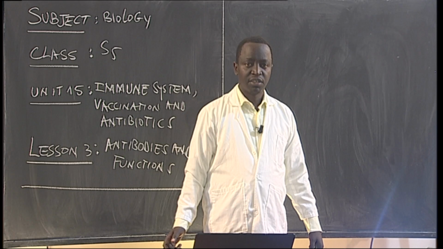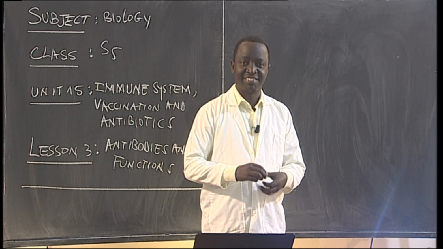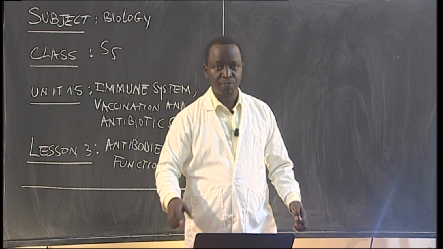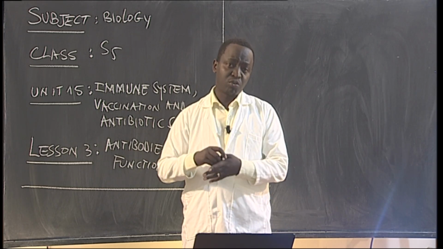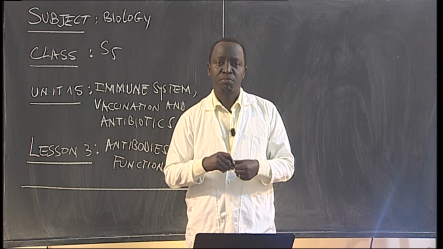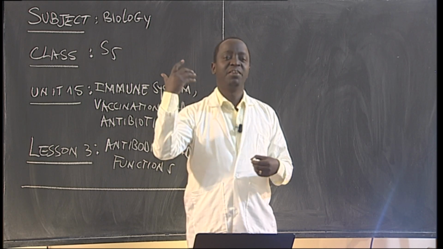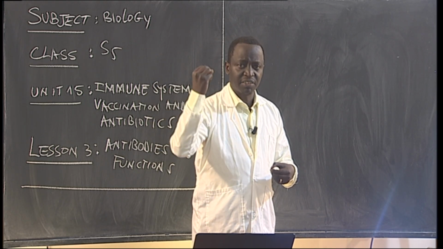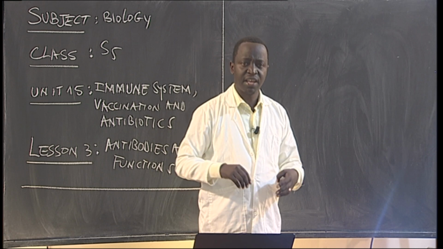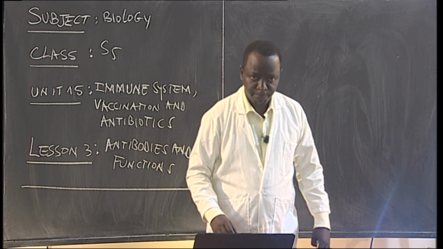You see? Antibodies are very serious, my friends. We have this kind of protection. If you don't have antibodies, do you think what's going to happen? We would be sick every time. But because antibodies are there, we are somehow protected.